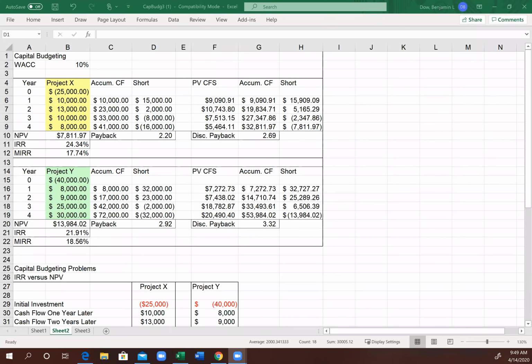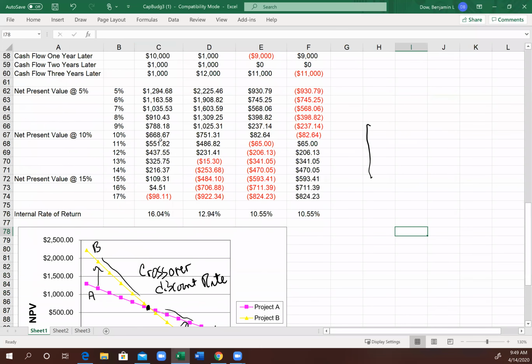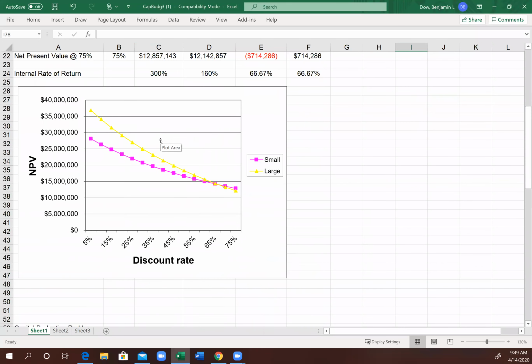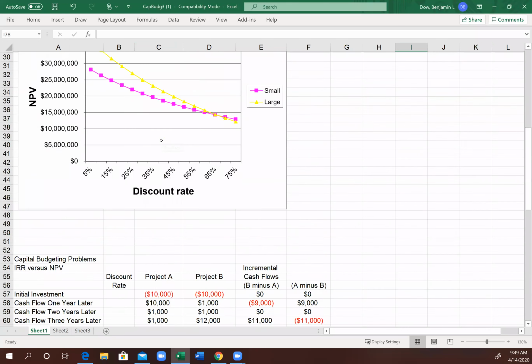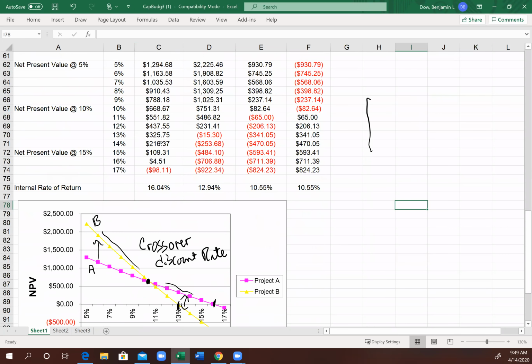So one of the things that we looked at that I forgot to record was, if you look back at sheet 1, you can see that we have a couple examples that talk about how to find this crossover discount rate, which we'll do again. Okay.